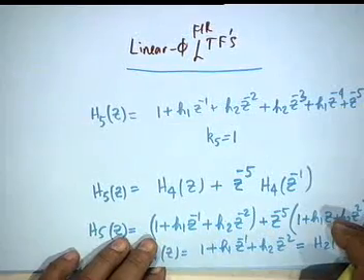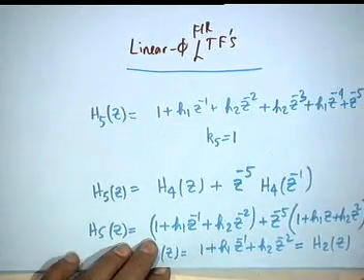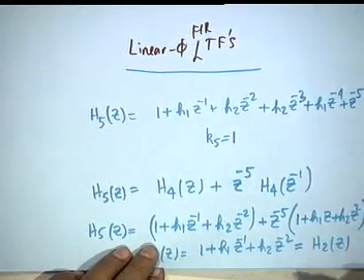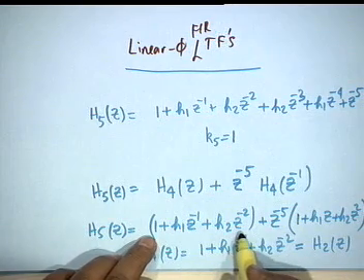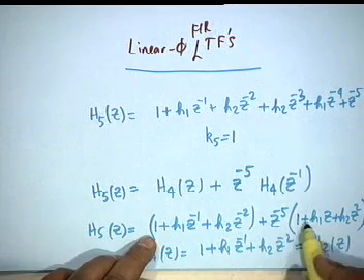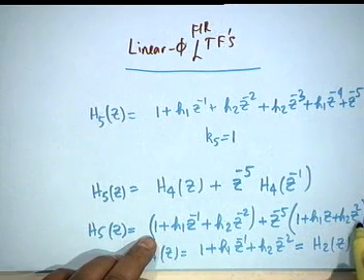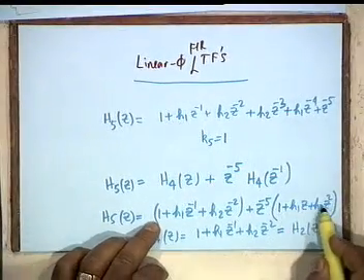So how can we write this H4(z) equal to H2(z), because the first three terms of H5(z) will make H2(z). H4(z) is a derived transfer function from H5. It is H4(z) plus z to the minus 5 times H4 of z inverse.